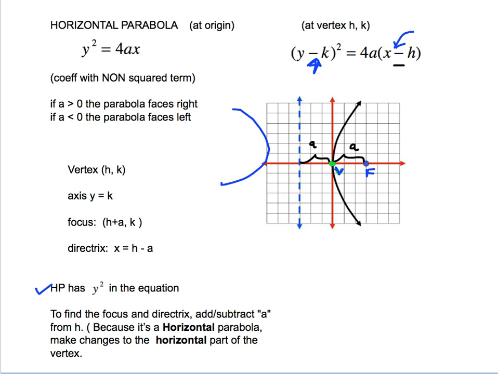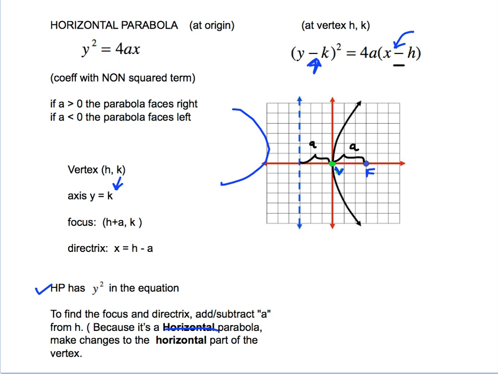Your axis of symmetry is easy to find, but it is y equals k. So if you can name your vertex correctly, and you think about what your axis of symmetry is, it is y equals k. Your focus is a similar set of equations, but because this is a horizontal parabola, you make changes to the horizontal part of the vertex.